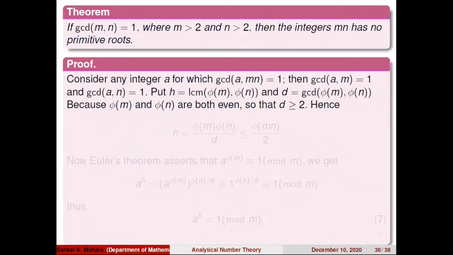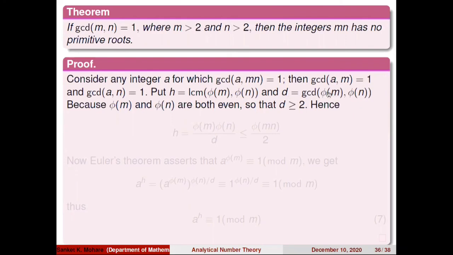Because there is a theorem that for an integer n greater than 2, phi of n is always even. I repeat, for any integer n greater than 2, phi of n is always even. Here m and n are both greater than 2, so phi m and phi n are even numbers. As phi m and phi n are both even, their GCD is what here? GCD of phi m and phi n is what?